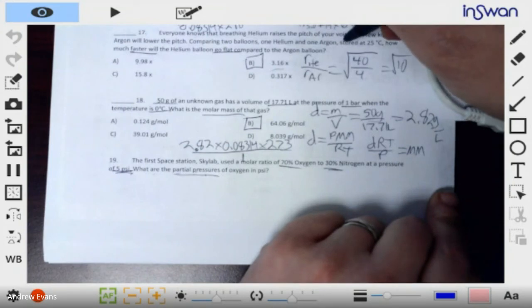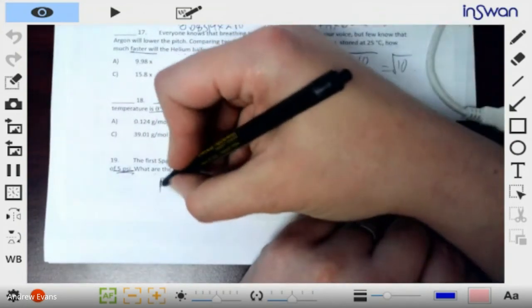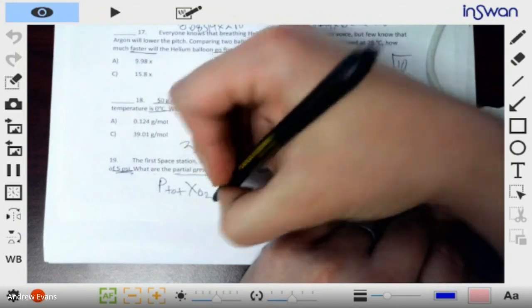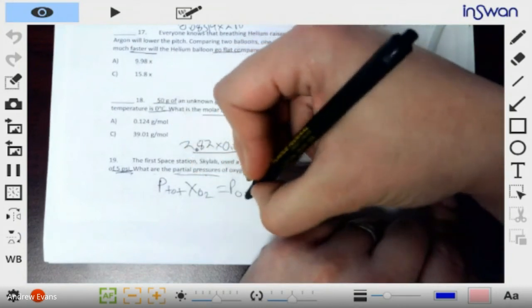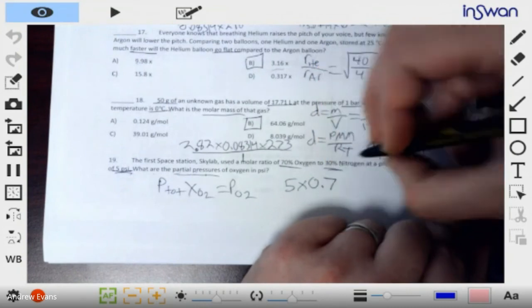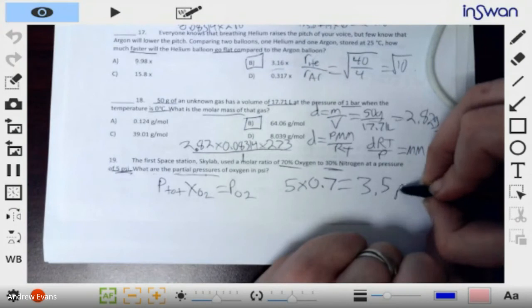So all the other ideal gas problems are not talking about mixtures. So P total times the mole fraction would give us our partial pressure. So 5 times mole fraction of 0.7 would give us our partial pressure of 3.5 psi.